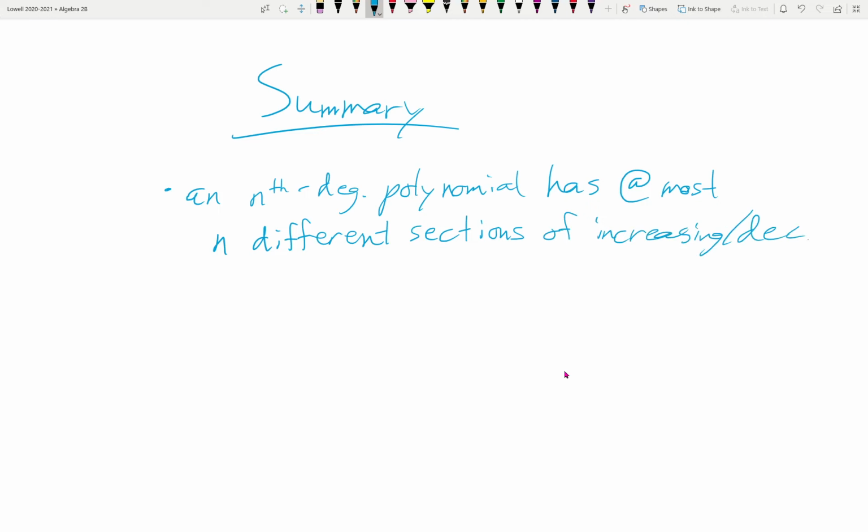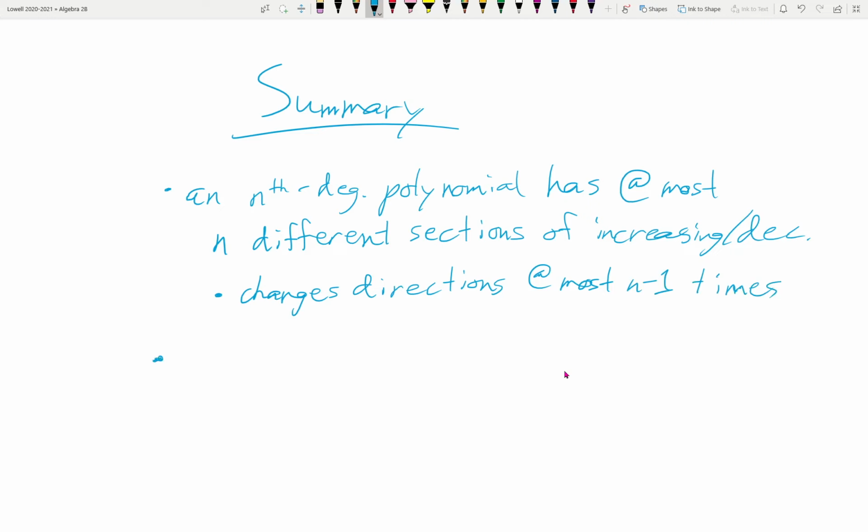So that was just counting how many times it's going up and down. Another way to think of it, which would be the same, is that it changes directions at most n minus 1 times. Again, n minus 1 because you're not counting the starting direction.